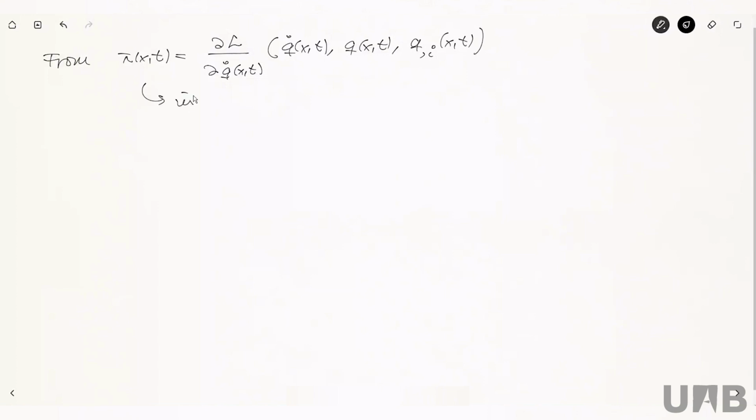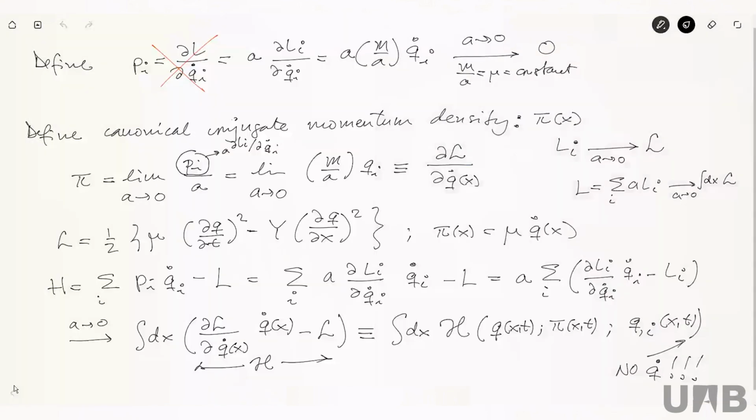One has to invert this to obtain that Q dot of x and t is a function of pi of x and t, Q of x and t, and if there are also spatial derivatives of Q of x and t. So Q dot cannot appear in the Hamiltonian, that we already know.